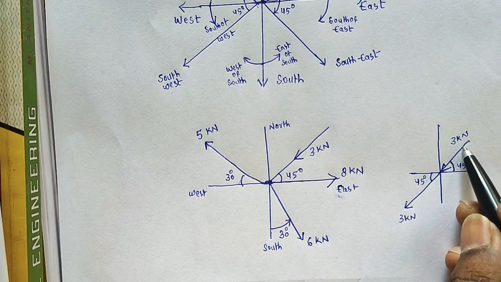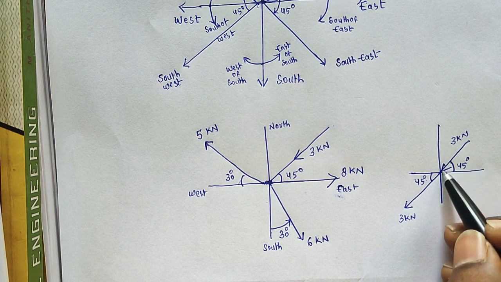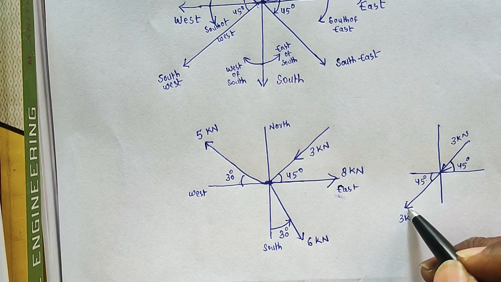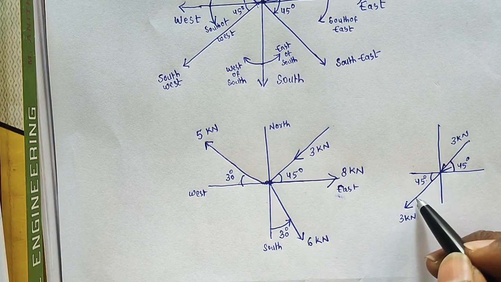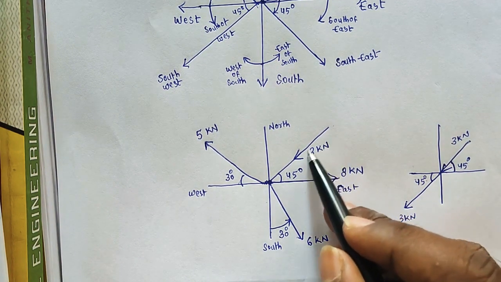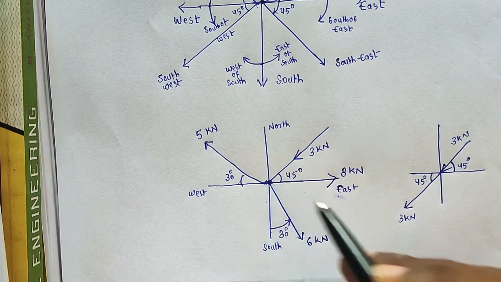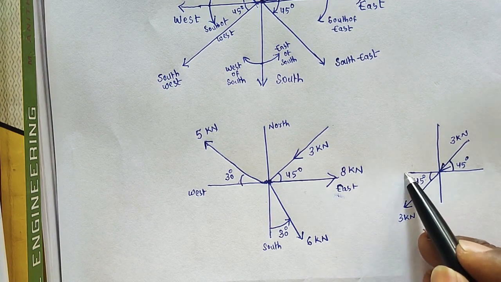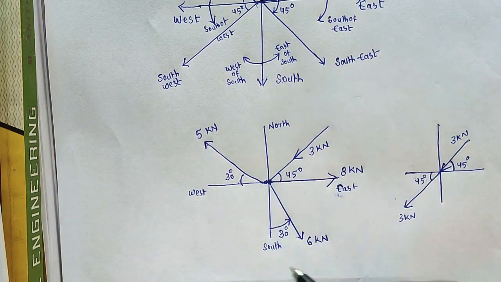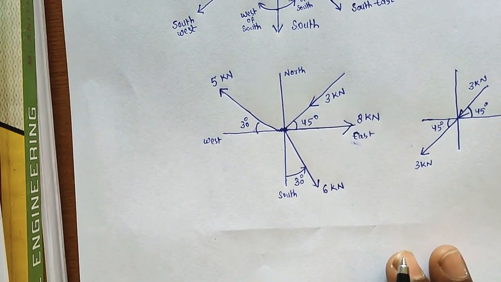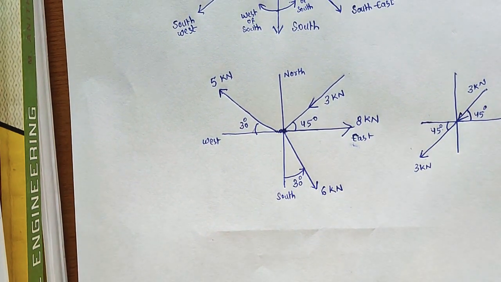So we are extending this 3 kilonewton force to another quadrant. By doing this, the effect doesn't change. So instead of drawing like this, here we are going to draw the 3 kilonewton force like this, so that while calculating, we can easily calculate without confusion.